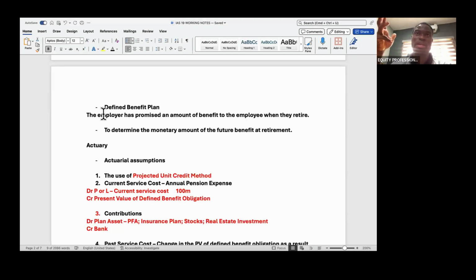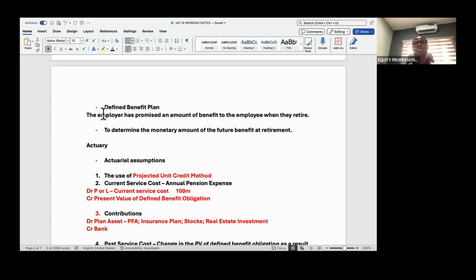But for defined benefit plan, the employer has to ensure that when the employee retires, he fully gets that benefit, fully. And that's a challenge, right? Challenge in the sense that how do we determine the monetary amount of the future benefit at retirement?